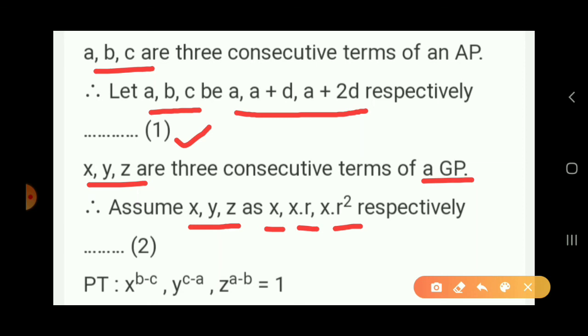The general form is like this: A, AR, AR square. It's like this for the AP also: A, A plus D, A plus 2D. So we can use equations 1 and 2 now in this prove that.